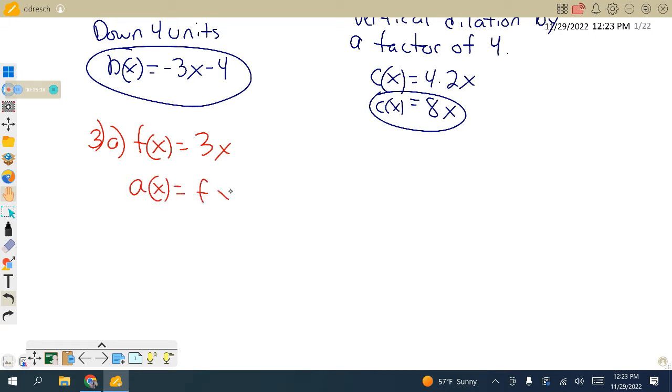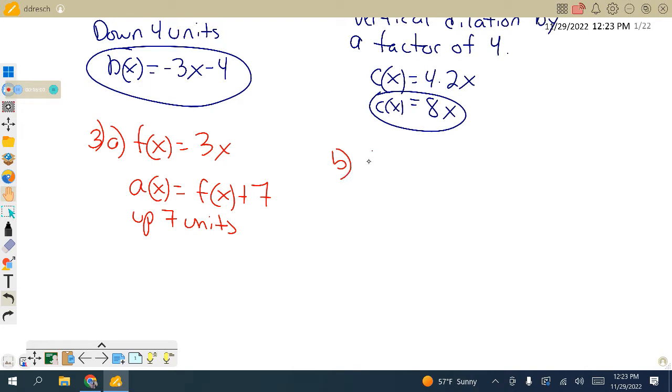So my question to you is, again, what is happening here? Going up by 7. So as we start seeing from yesterday and then today, when you have a number here at the end, that is moving my graph up or down. So here we say it goes what? Up 7 units. How about on the second one there, letter B?